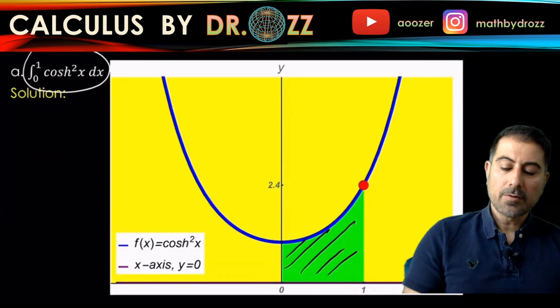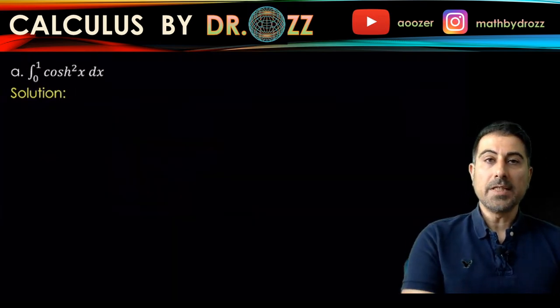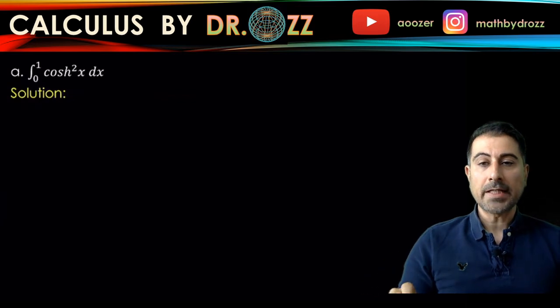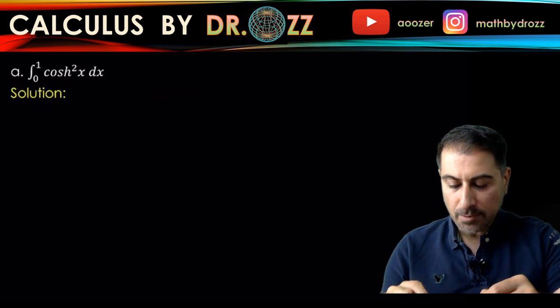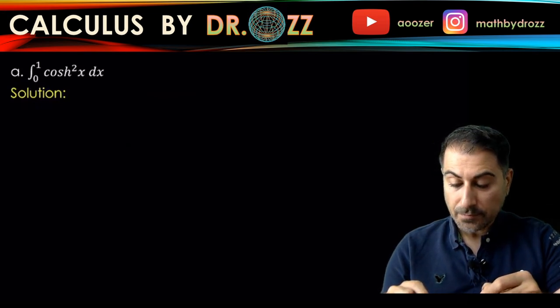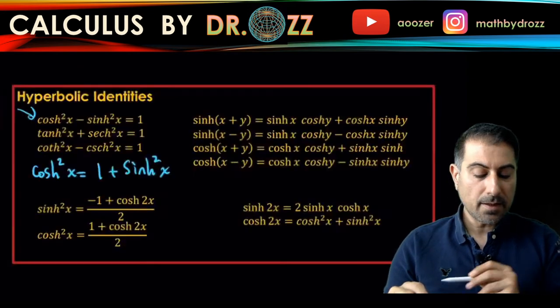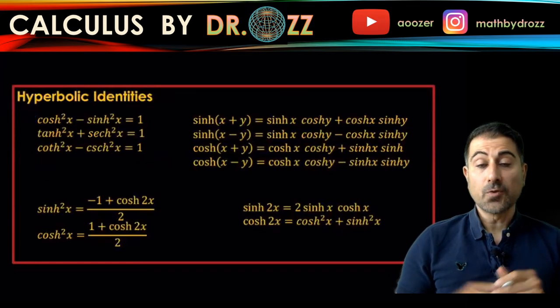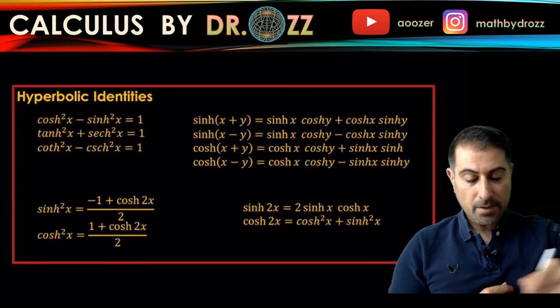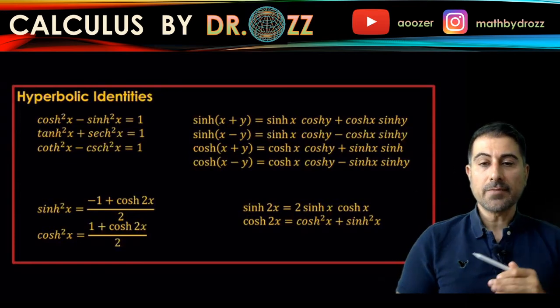Now the question is, what are we supposed to do to be able to integrate cosine hyperbolic squared x dx? For that purpose, please refer back to one of the formulas that I call power reducing formulas for hyperbolic functions in the table of hyperbolic identities, the one at the very left corner.